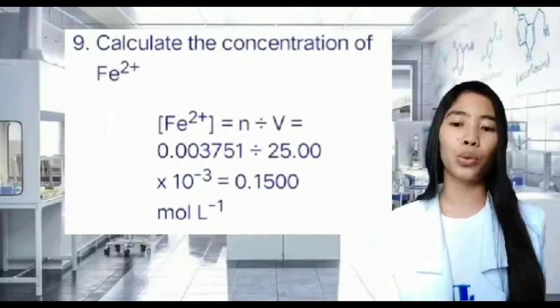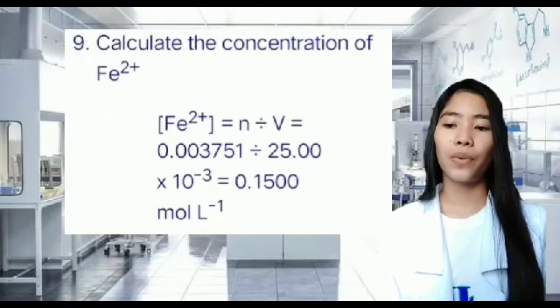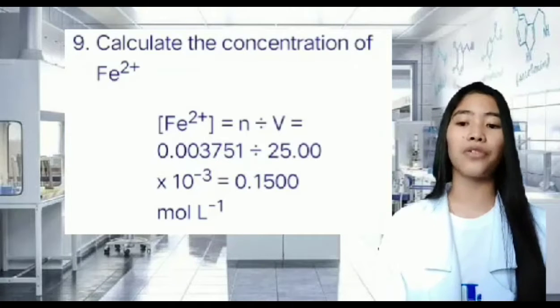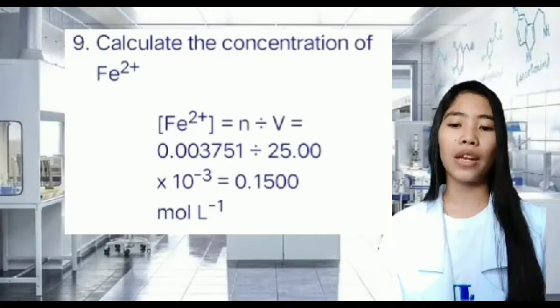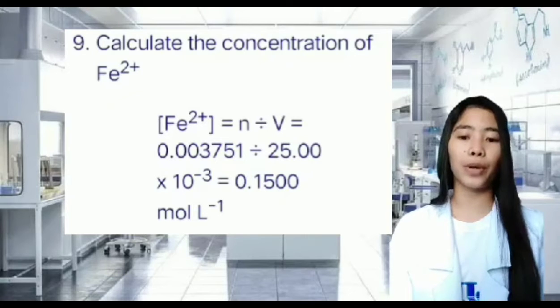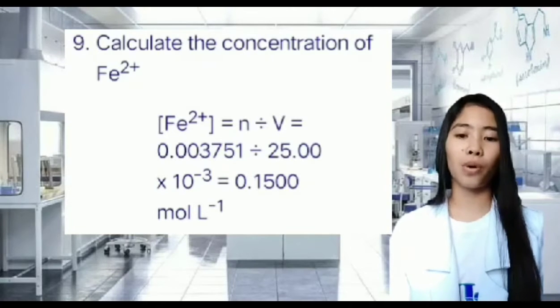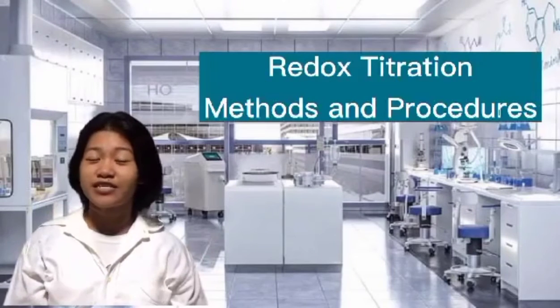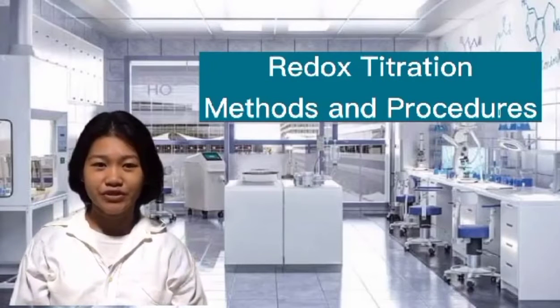And the last but not the least is we need to calculate the concentration of Fe²⁺. So it is n divided by the volume, which is equal to 0.003751 divided by 25 times 10 to the power of negative 3, which is equal to 0.1500 mol L⁻¹.